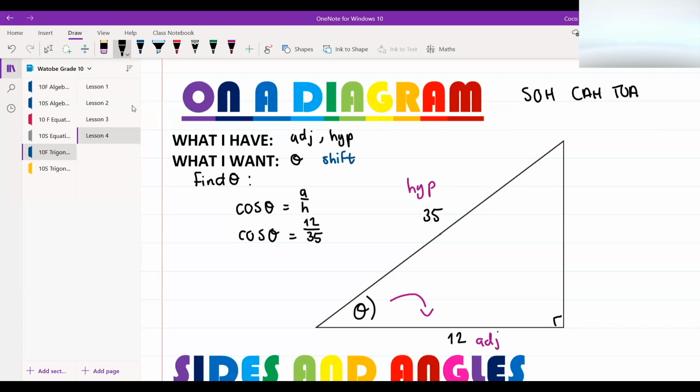How do I find the angle again? I'm going to write theta is equal to cos, and then you're going to say 12 over 35. Don't forget that this is cos of -1, or arc cos of. Arc cos. Okay, arc cos.